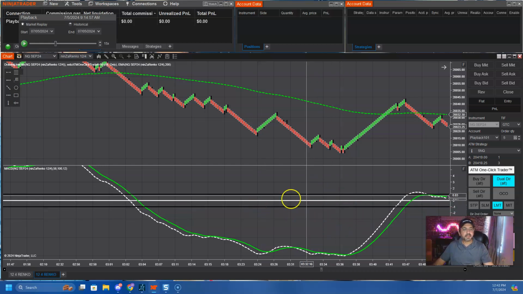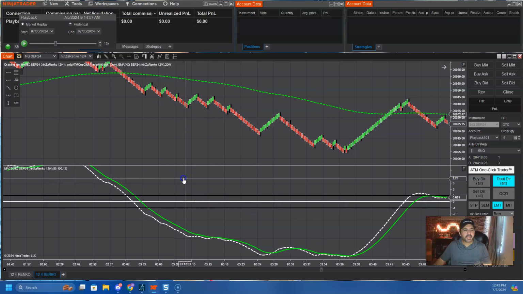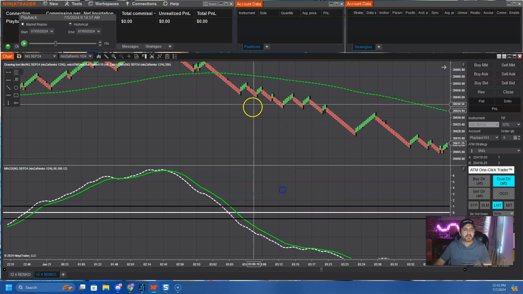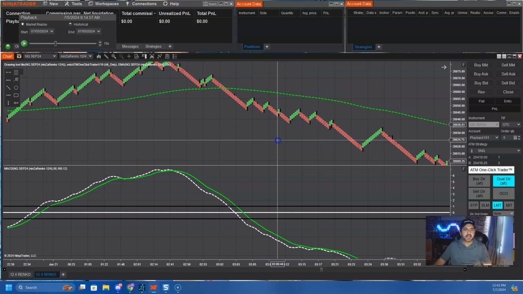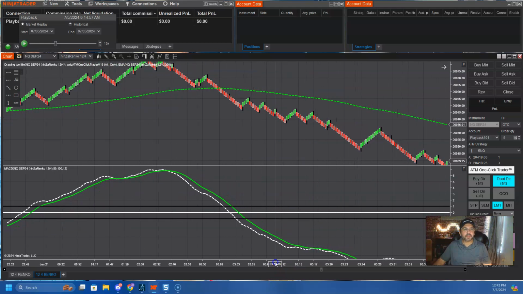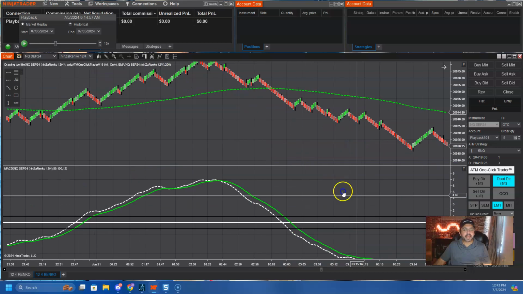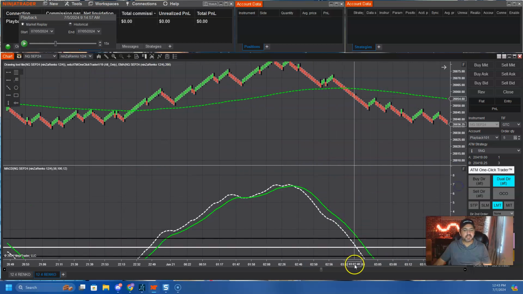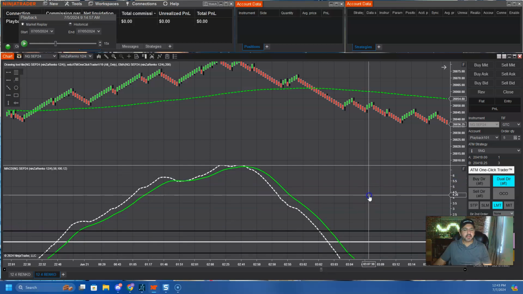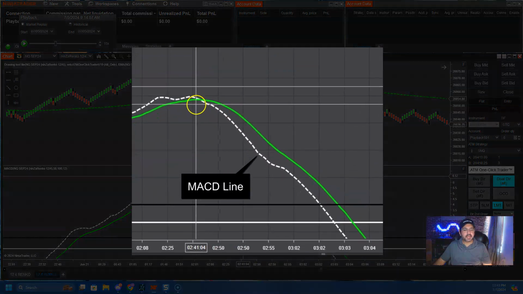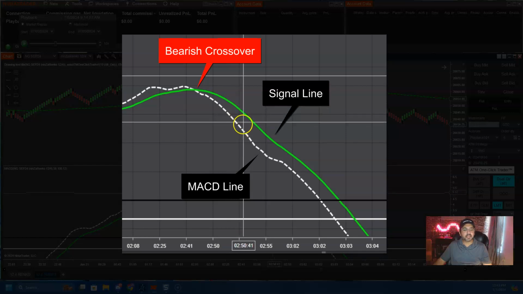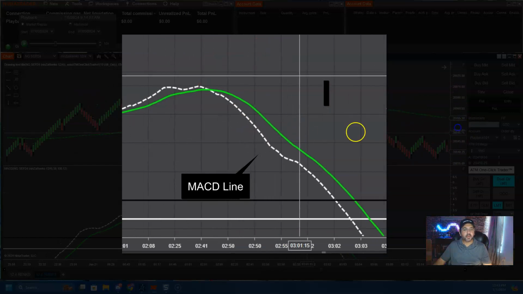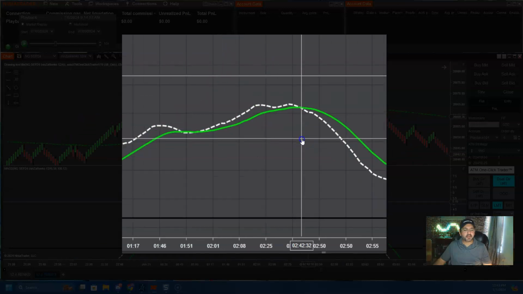So for example, in this one, we're going to take the trend from the 200 EMA, if you want to do that. Again, we don't know right now if we will. The other criteria can be when the MACD line is below the signal line, which is the green line, we look for whenever the crossover happens.